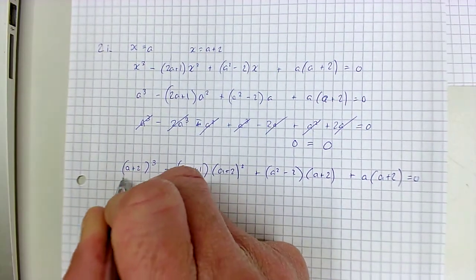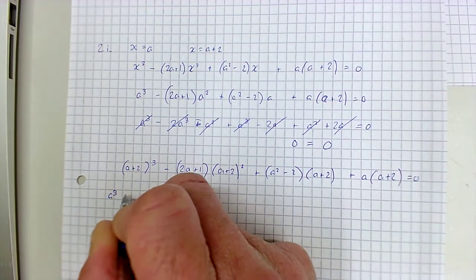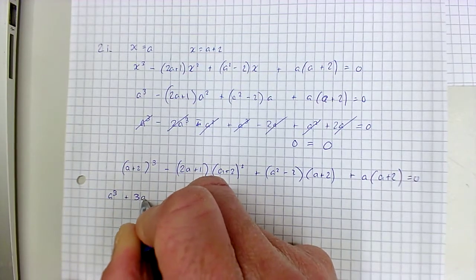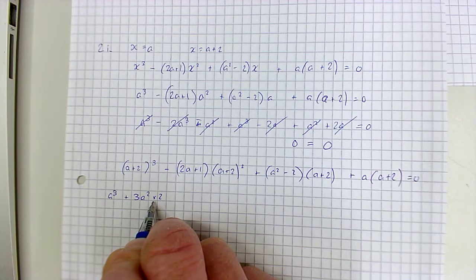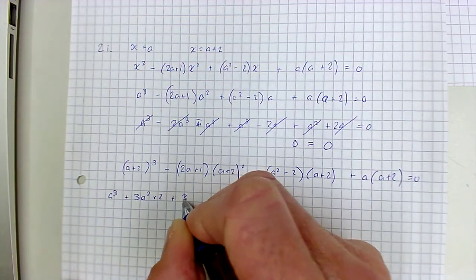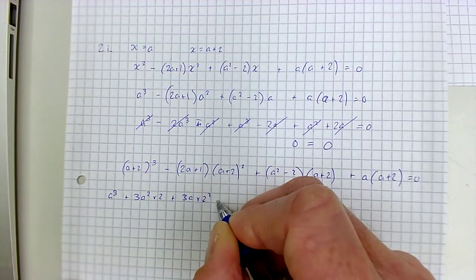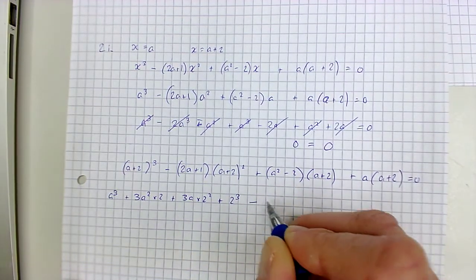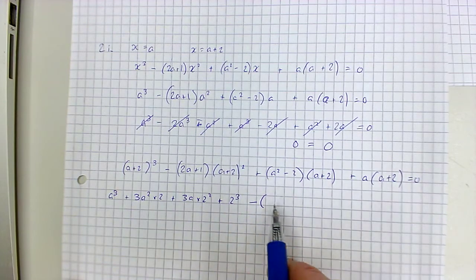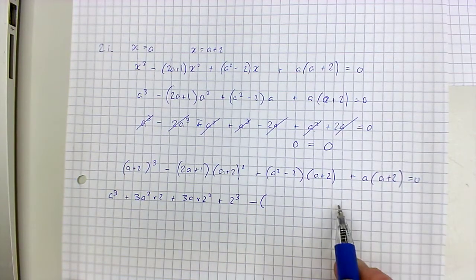If we expand this, we've got a cubed plus 3a squared times 2. So this is a bit of a revision of binomial expansion. Plus 3a times 2 squared plus 2 cubed. Then I'm just going to do all of this inside a bracket with a negative.